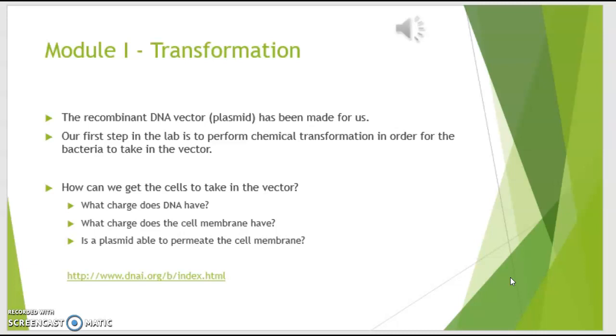In the lab, essentially the plasmid would have been made for us, and our first step would be to perform chemical transformation. If you remember transformation, we learned about it in unit 1 when we learned about antibiotic resistant bacteria. Transformation is where one bacteria dies and naked DNA from that bacteria is floating around in the environment.